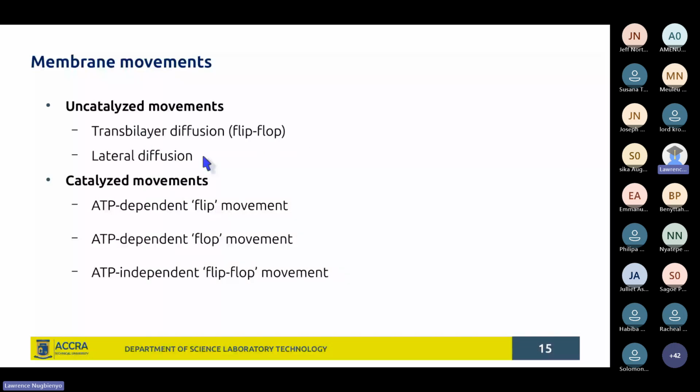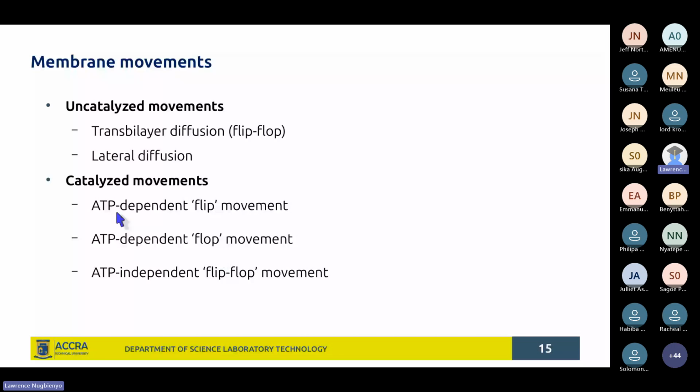You have lateral diffusion, and then you have catalyzed movements, which are movements that are aided by the activity of enzymes. And even in some of them, you have the expense of energy in the form of ATP.